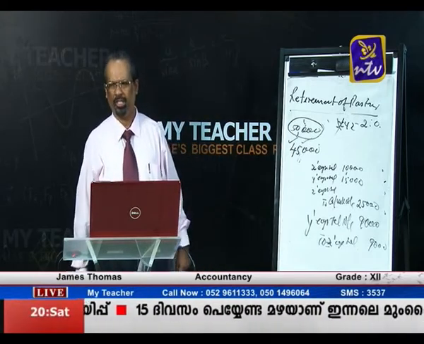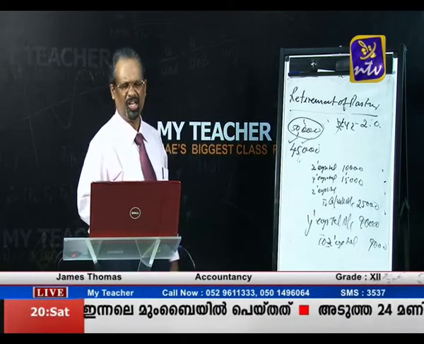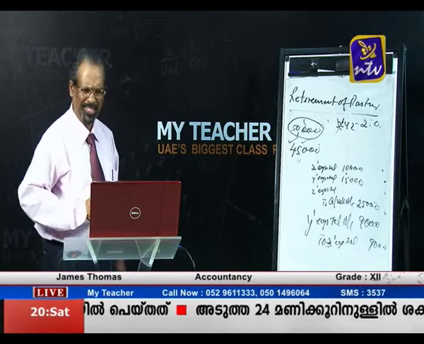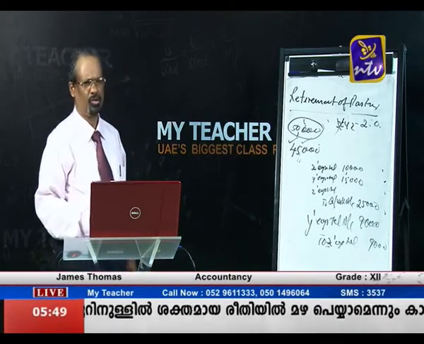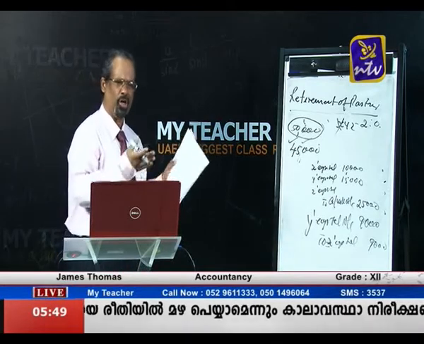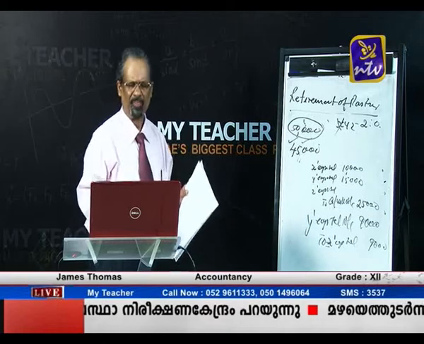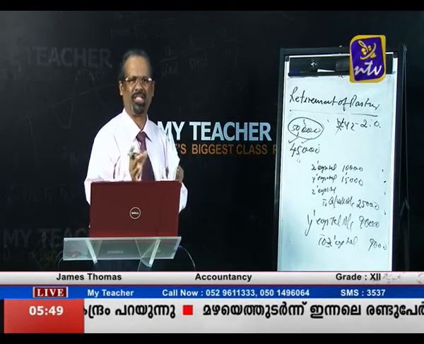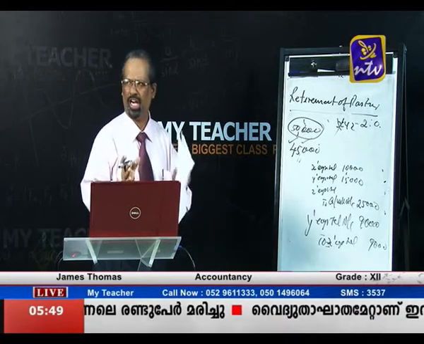The third point is revaluation of assets and liabilities and distribution of undistributed profits, and capital should be found out, or if capital is already given, it should be rearranged according to the new ratio. And deficit and excess should be adjusted through cash account or current account. So these are the points.